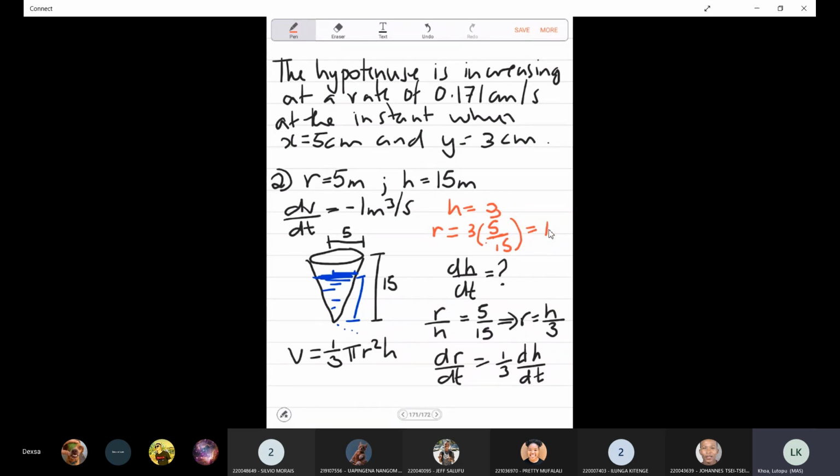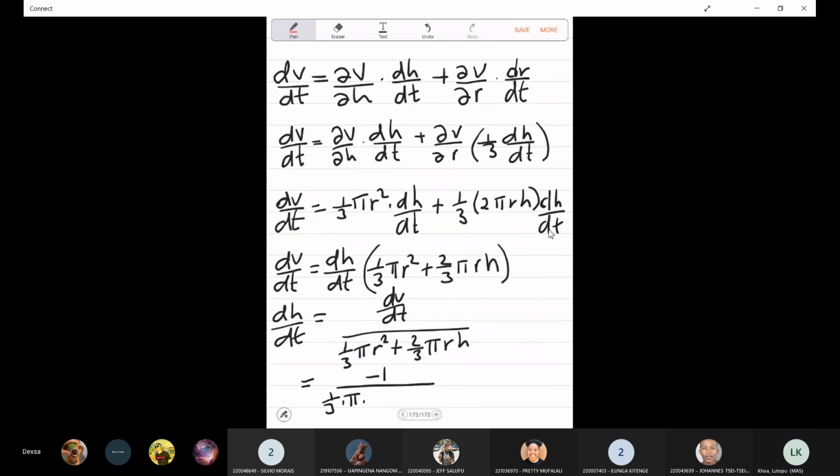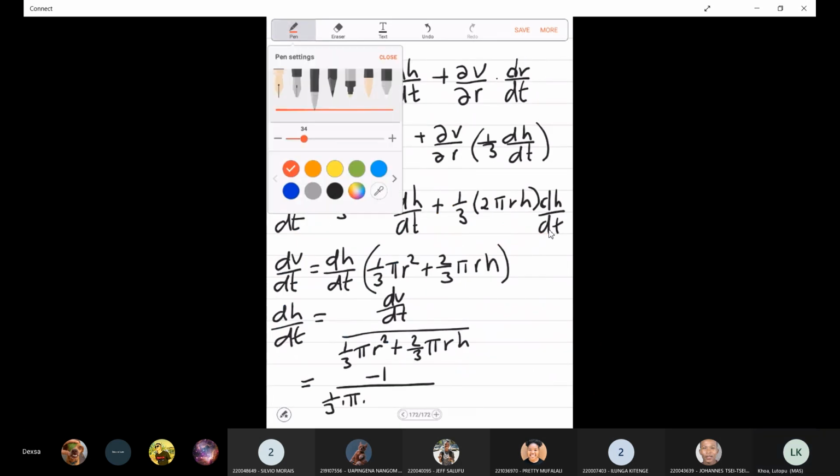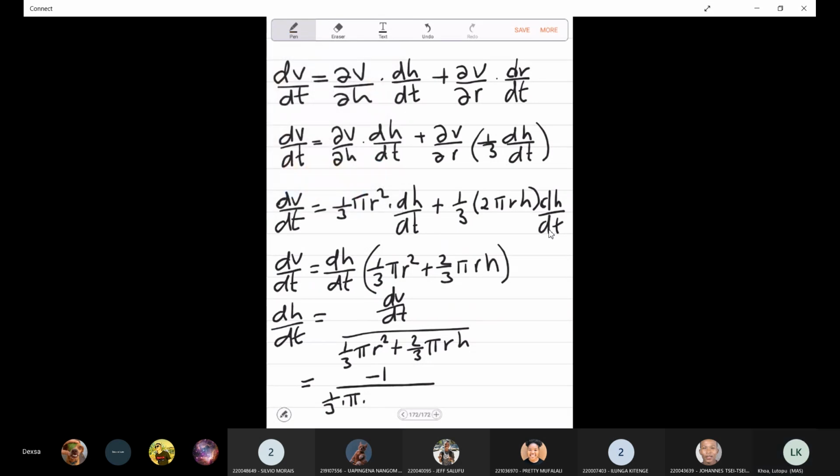Okay, so now I have everything that I need. So times r squared, which is 1, and plus 2/3 times pi times 1, and then our radius is 3. Okay, that will work out on your calculator.